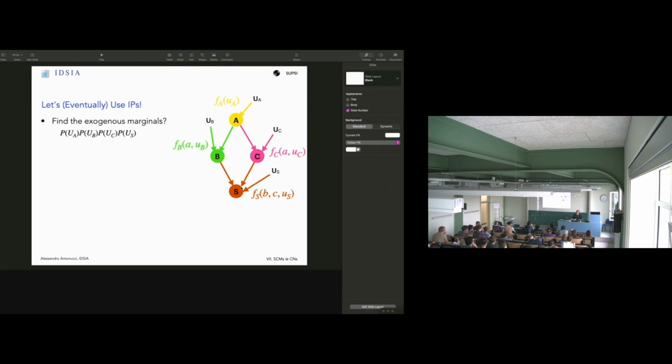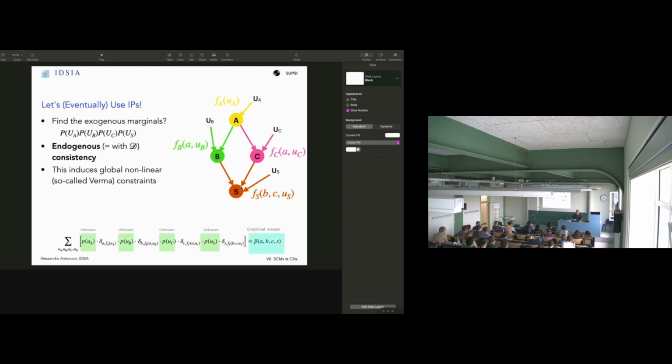We need to do this back propagation. We saw how to do this with a single latent and a single manifest node. Let's see how it works in the general case. So in the general case, basically, we should make explicit the fact that this model generated our data.